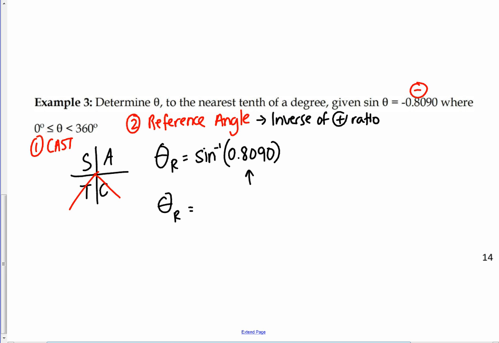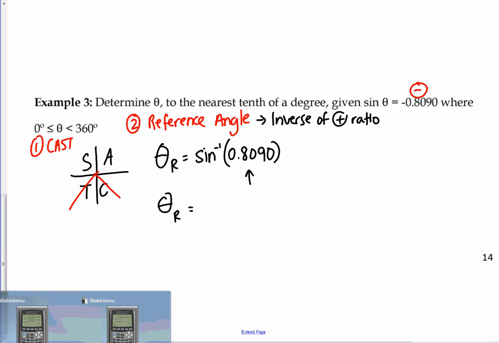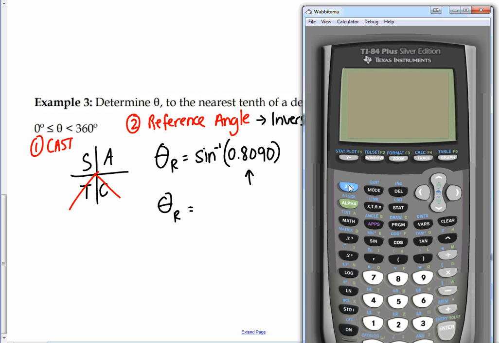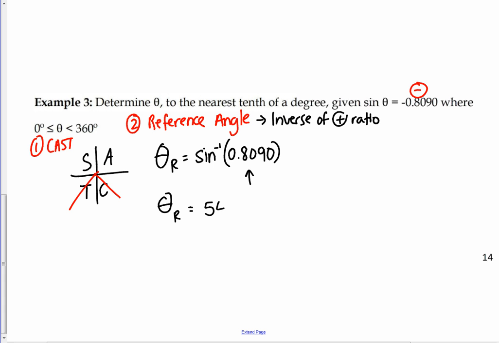It says to the nearest tenth, so 1 decimal place. Inverse sine 0.8090. To 1 decimal place that would be 54.0. That's boring, but since it says the nearest tenth, we have to answer to the tenth.